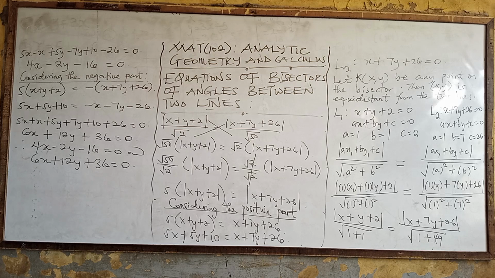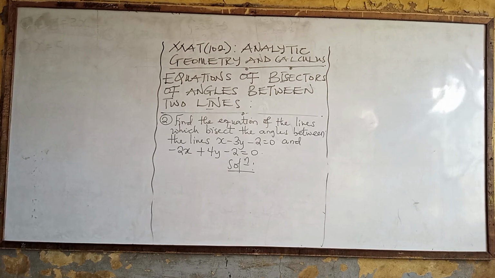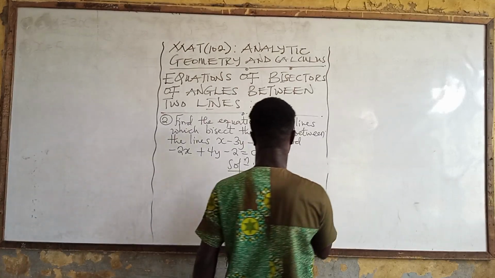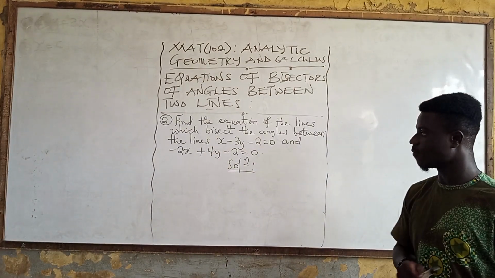So that's that. So now let's do our second example, then you get it very, very well. So now let's proceed to our second example. All right, so let's see this example too. Find the equation of the lines which bisect the angles between the lines x minus 3y minus 2 equals 0 and negative 2x plus 4y minus 2 equals 0.